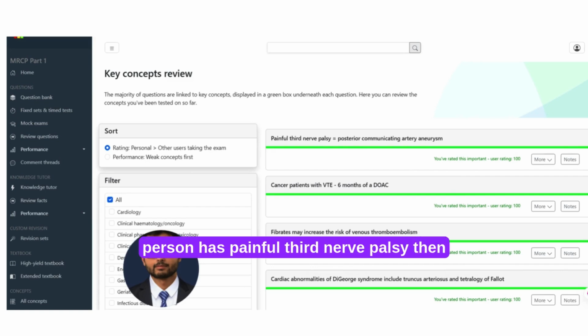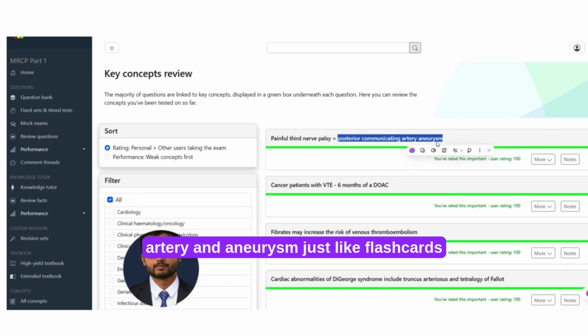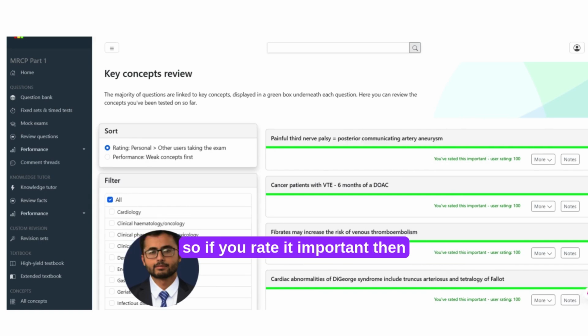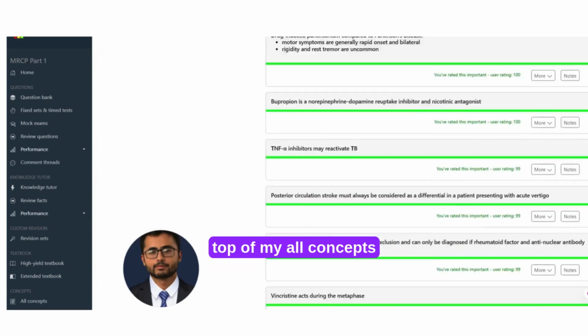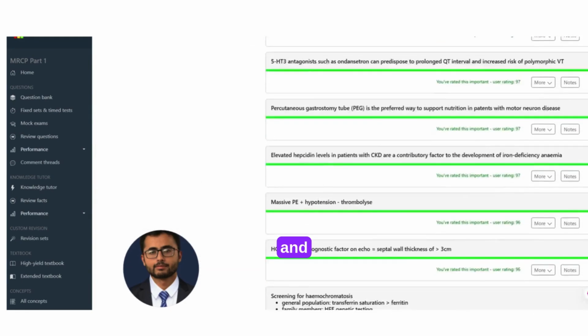If a person has painful third nerve palsy, then you will think about posterior communicating artery aneurysm, just like flashcards. If you rate it important, then it will appear more at the top as compared to the ones that you choose as not important. I have chosen these ones as important, and so they are at the top of my all concepts.